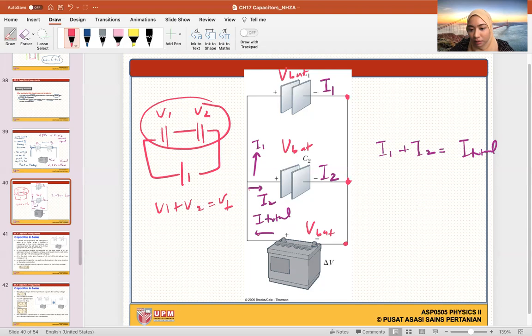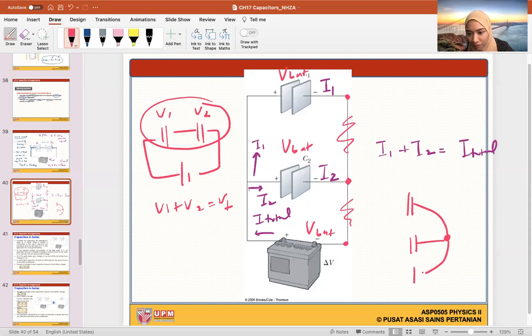Okay, so look at this pink dots. This pink dot, this pink dot, and this pink dot. I can say the pink dots are equal because there is nothing in between these pink dots except a wire. So I can actually say, okay, capacitor dia macam ni. This is my single dot.